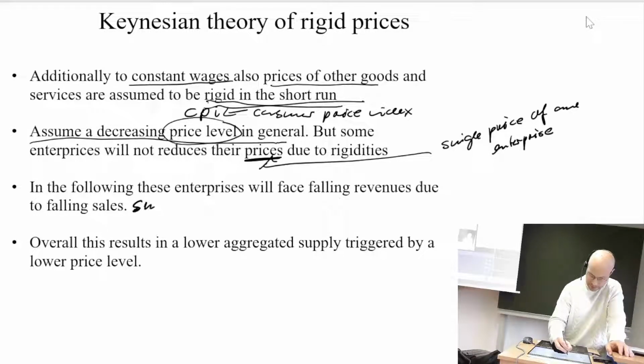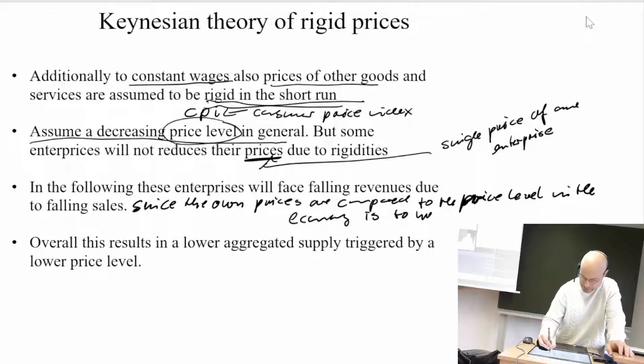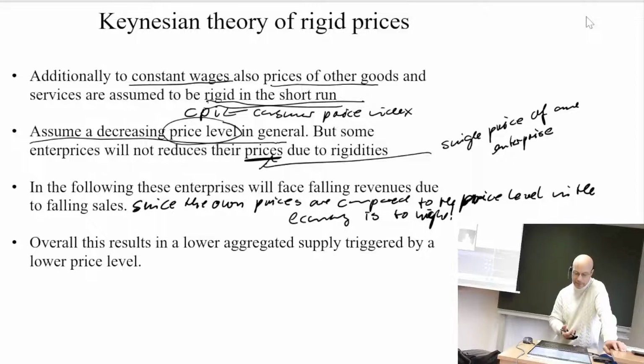Since the own prices compared to the price level in the economy is too high. So, and if my revenues are falling, then of course I have also to reduce my production.